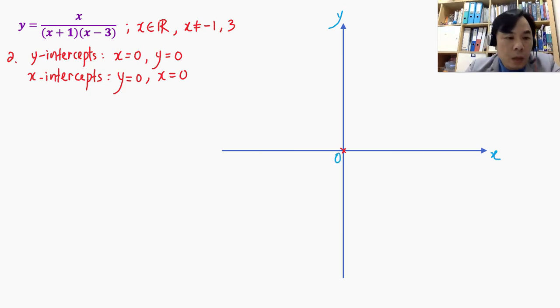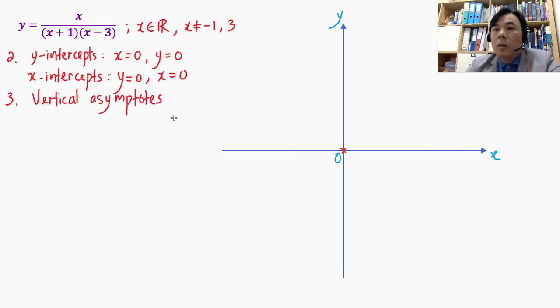Now our third guideline will be asymptotes. We have already found its vertical asymptotes here. The vertical asymptotes are x equal to -1 and x equal to 3.